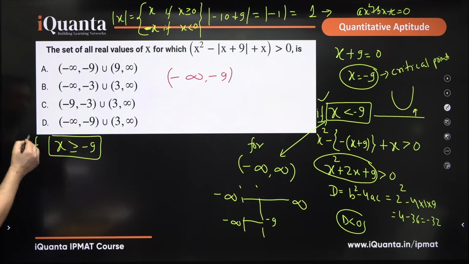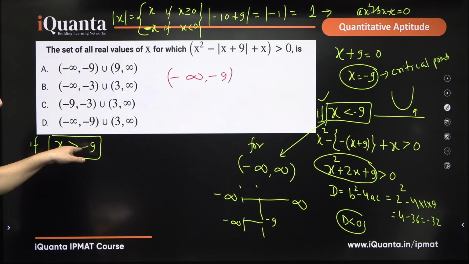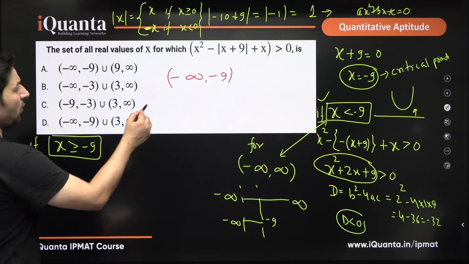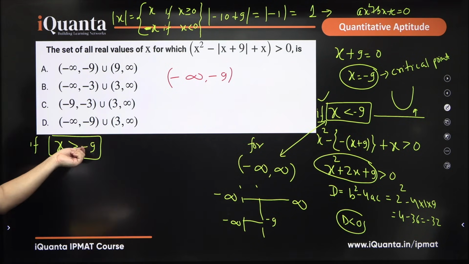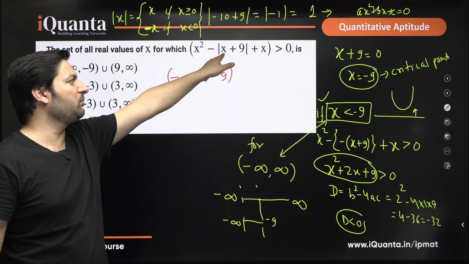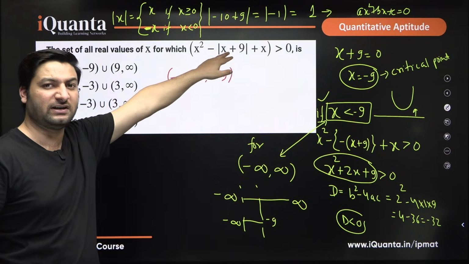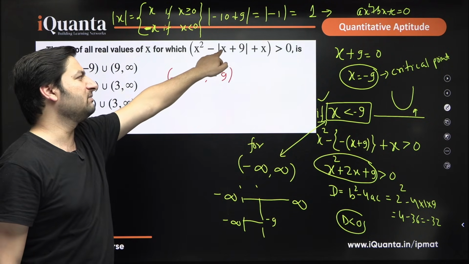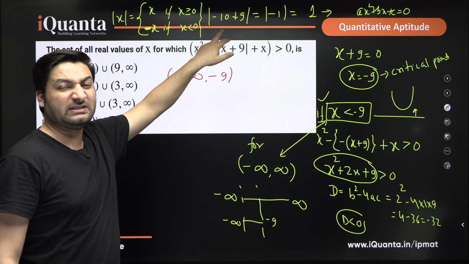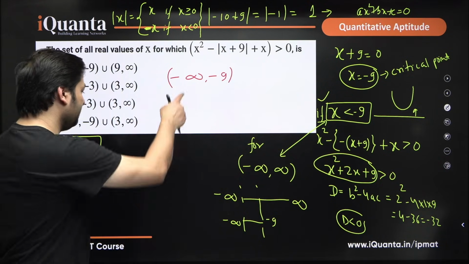If x is this, then obviously if you put something which is greater than minus 9, or minus 9 over here, minus 9 plus 9 cancels, we get a 0 inside. If we put minus 8 here, minus 8 plus 9 is 1, that means inside modulus we have a positive quantity 1, definitely, right?